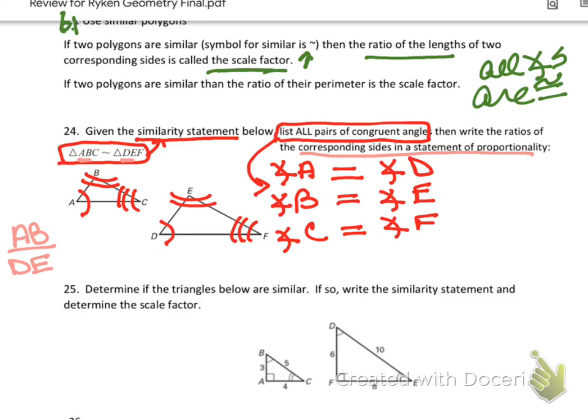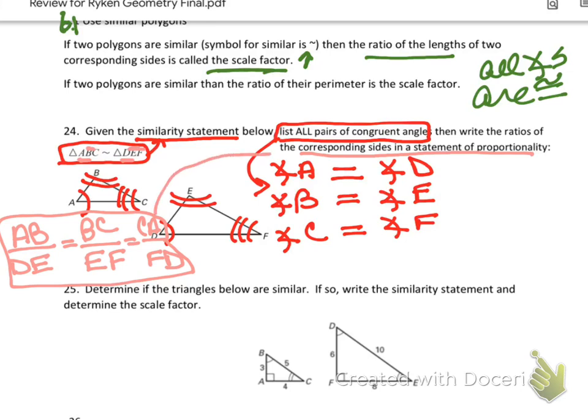That's my proportion. Then use the next two letters. BC is proportional to the last two, EF. And then that's proportional to last and first, last and first.